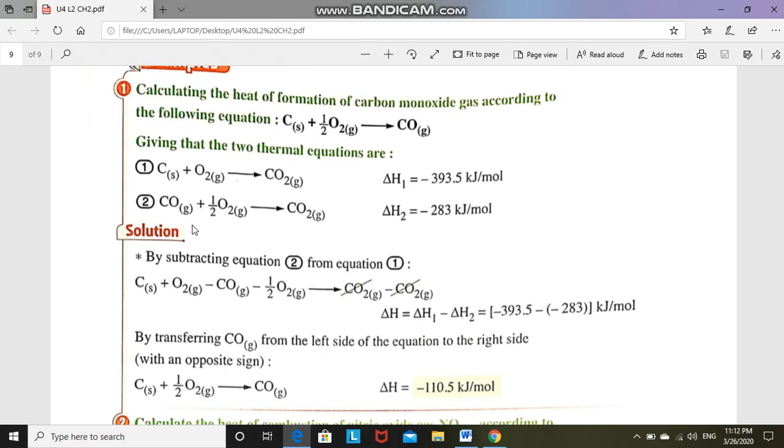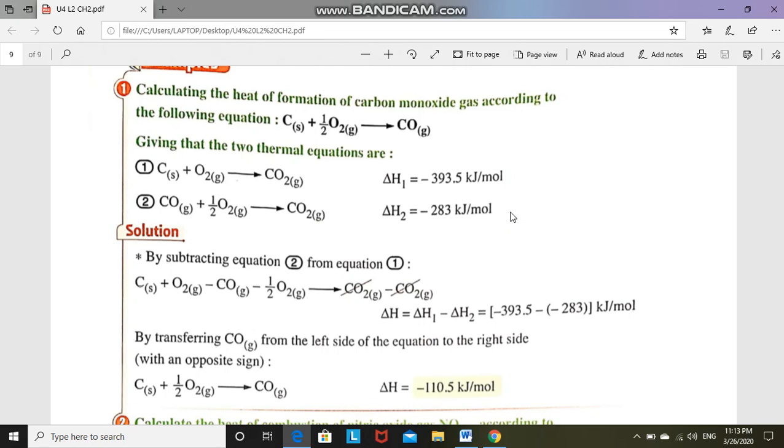Carbon monoxide plus half O2 forming carbon dioxide, with delta H2 equal to negative 283 kilojoule per mole. By subtracting 2 from 1, we multiply the second equation by negative 1.